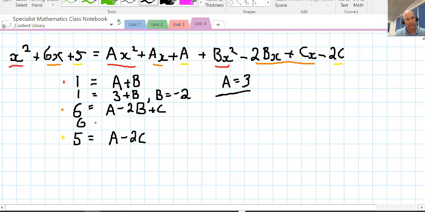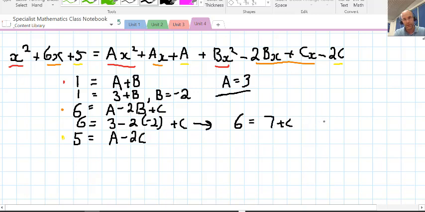So we have 6 equals 3 take 2 lots of negative 2 plus c. So that means that 6 equals, if we have 3 take 2 times negative 2, that's 3 take negative 4, so it's 3 plus 4, it's 7. And so we know that c equals negative 1.